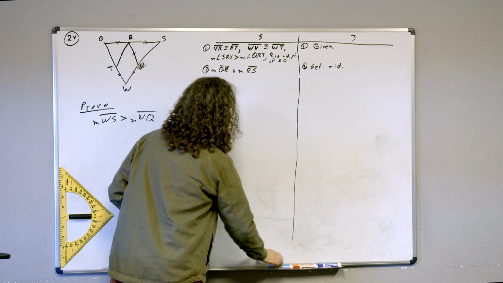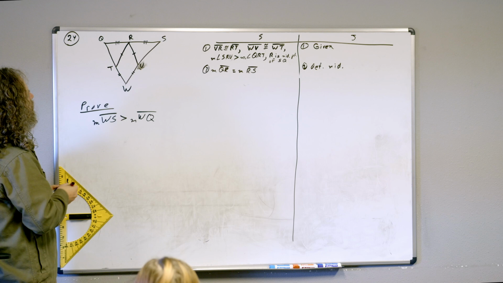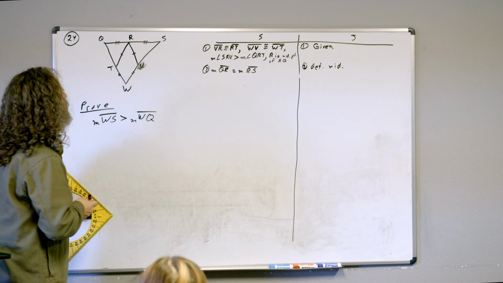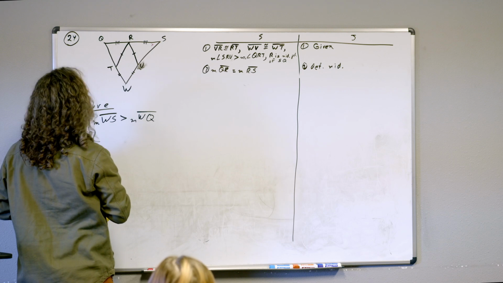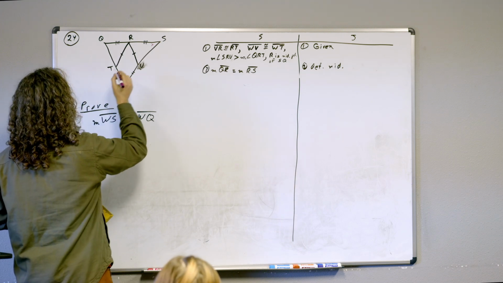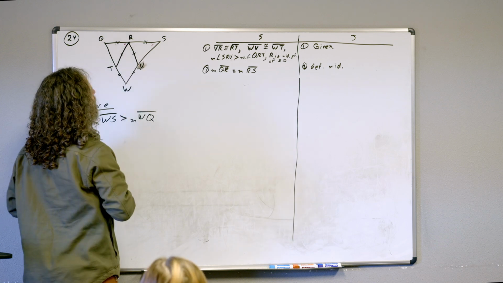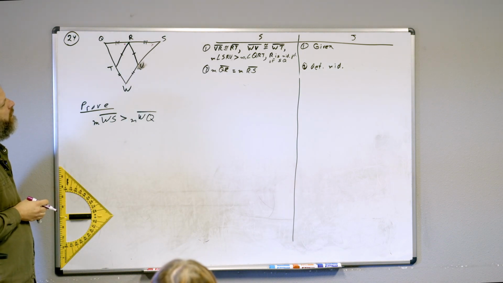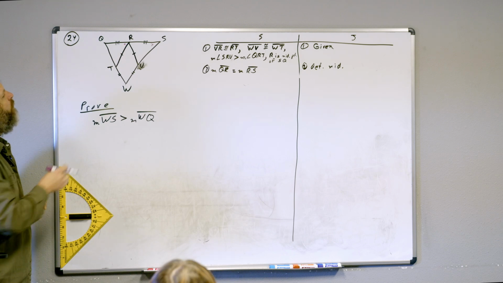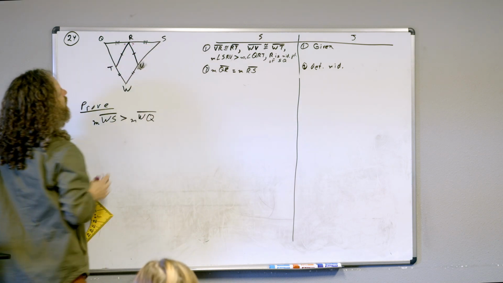Let me do some colors and figure out what you're saying. So we know, let me see if I can mark this. Angle SRV is greater than angle QRT. How'd you get angle S? Oh, yep, I labeled it in the wrong place, thank you. That's what I meant.